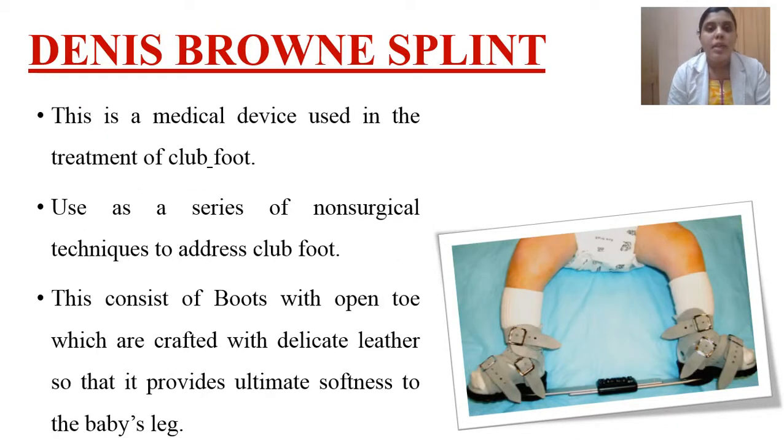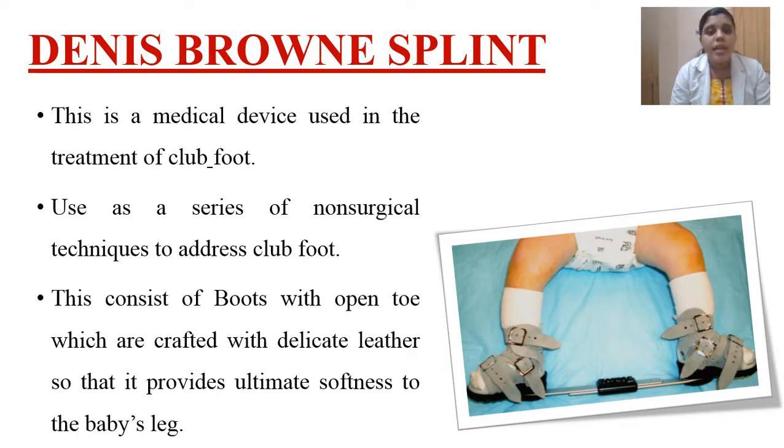If the extremity casting is not effective, the physician will usually prefer a Dennis Brown splint. This is a medical device mainly used for the treatment of clubfoot, as part of a non-surgical method where the family doesn't want any surgery on the child.